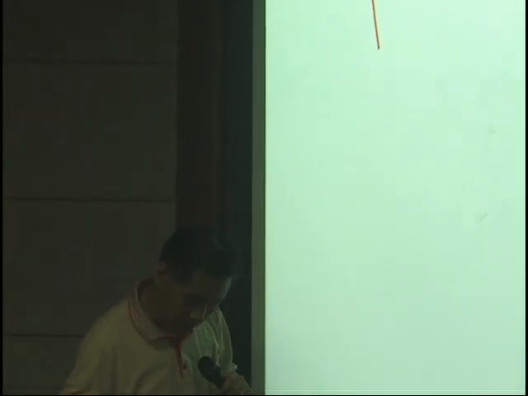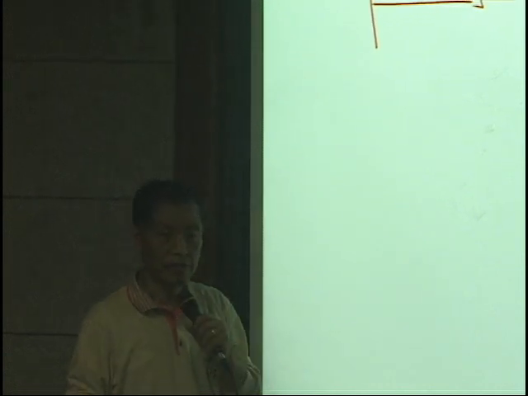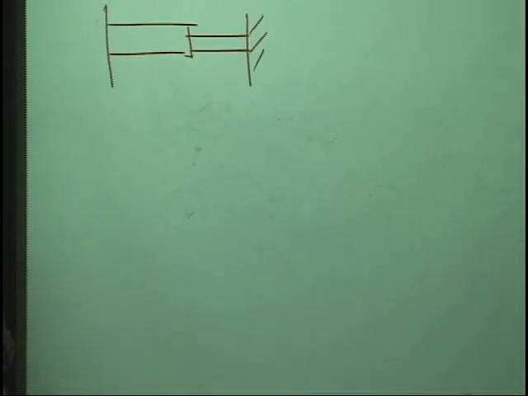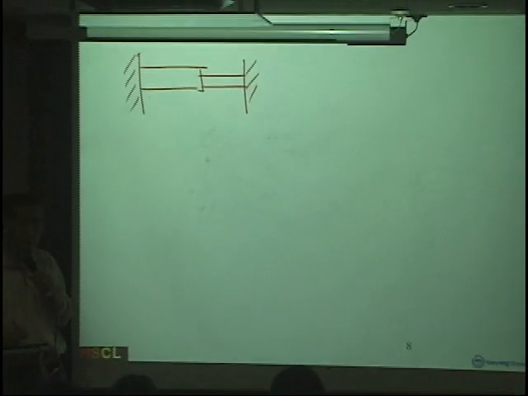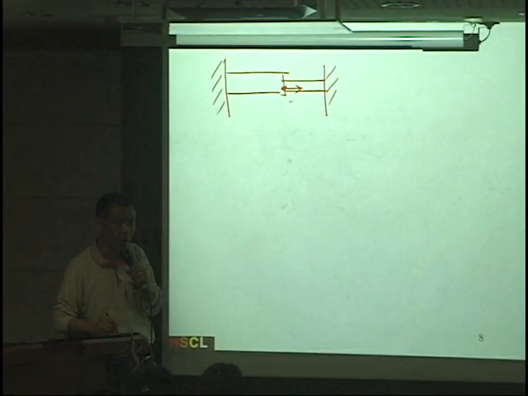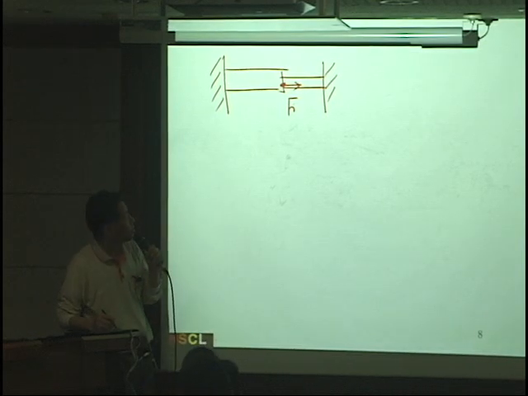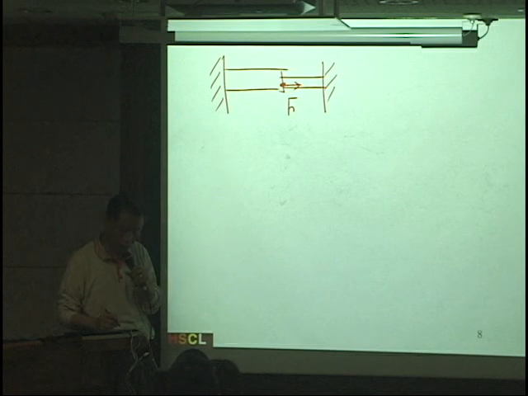Well, her question is like we have 2 bars in series, something like this one, and then we apply an external load here, let's say F, and the question is how much reaction force will be developed here and there.